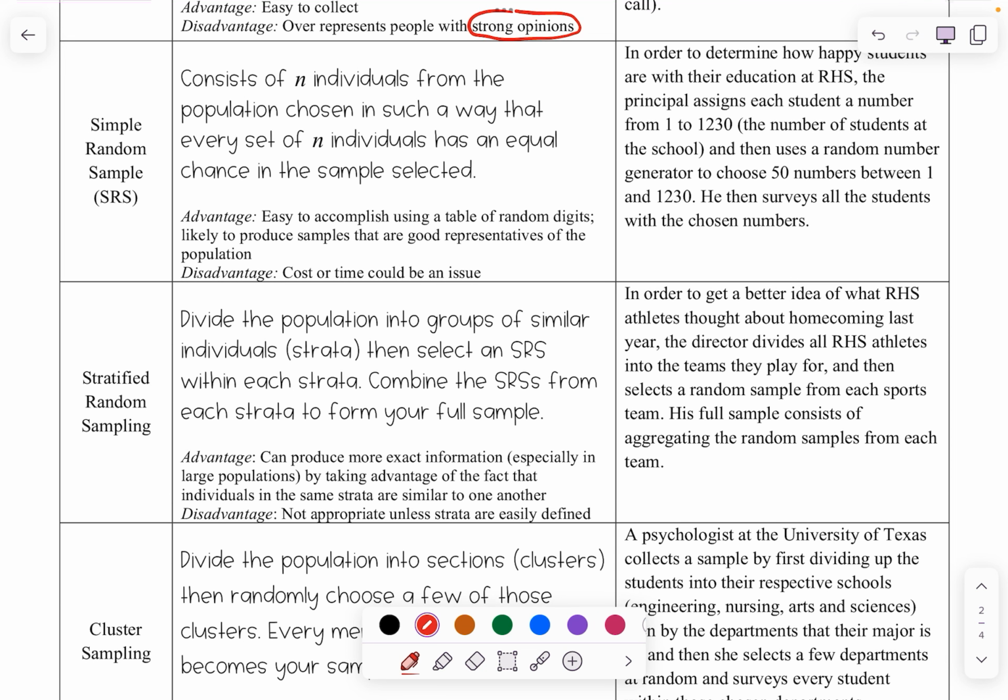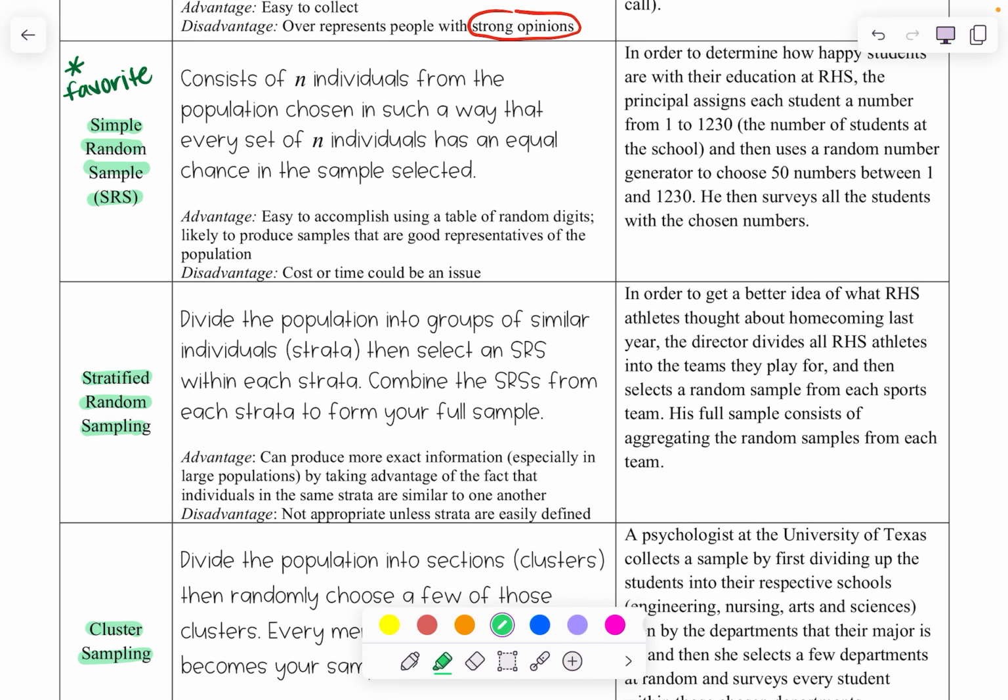So for the next groups, we have our simple random sample, which is also called an SRS, stratified, and cluster. We have our favorite child, and that is the SRS. Basically, it is a general, everybody's in one big pot, you're mixing the pot, you pick people out randomly.